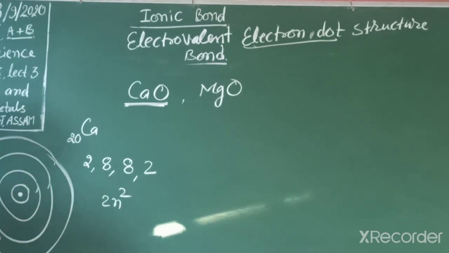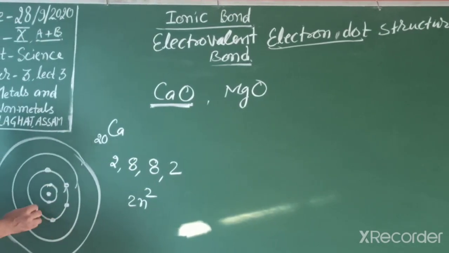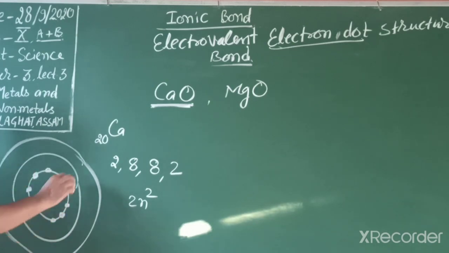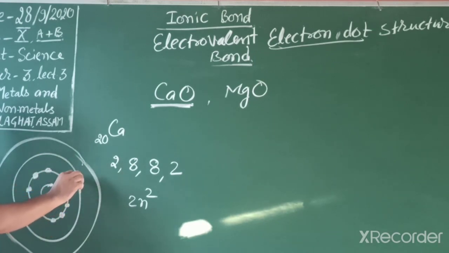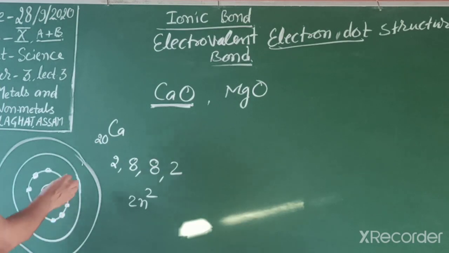Students, when we fill electrons, first 2, then 8, because the second shell can hold a maximum of 8 electrons, but the third shell can hold a maximum of 18. But if you fill 2, 8, then the next we have 10, so 18.